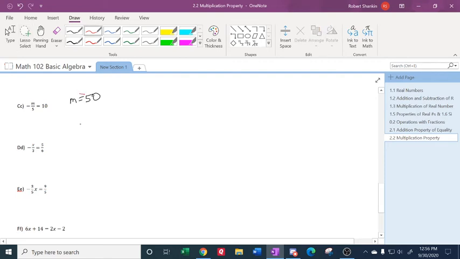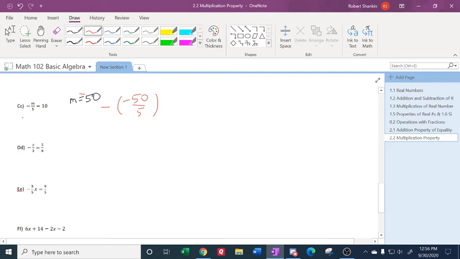Make it negative 50. Then negative 50 divided by 5 would be negative 10. And then this negative out in front would make 2 negatives, which would get us back to positive. So that would be correct if we had negative 50.